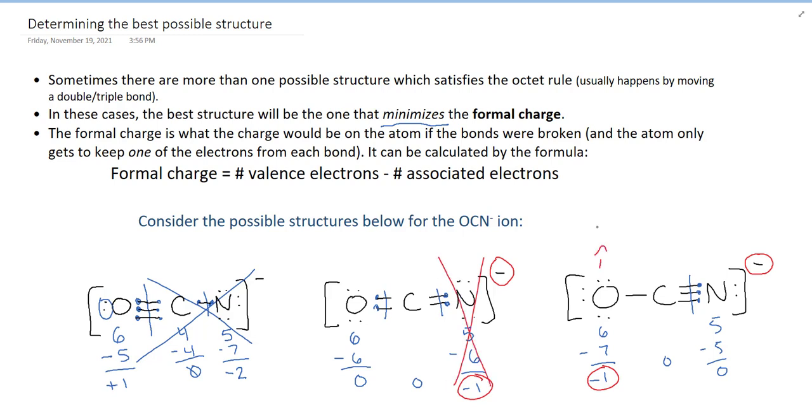Because oxygen is more electronegative than nitrogen. Because it's more electronegative, it has a stronger pull on electrons, and it would be more satisfied by having that negative formal charge than a nitrogen would. So out of all these structures, the third one is actually going to be our best structure.